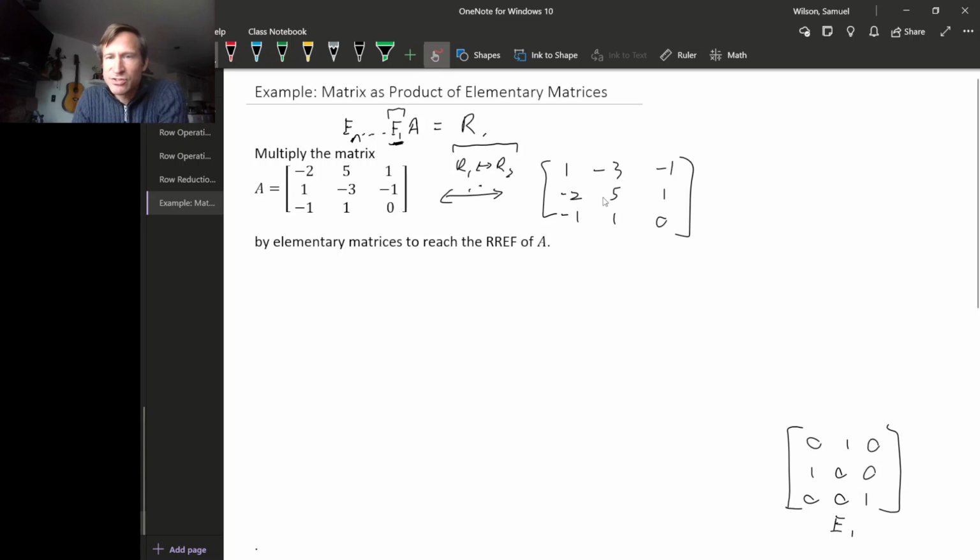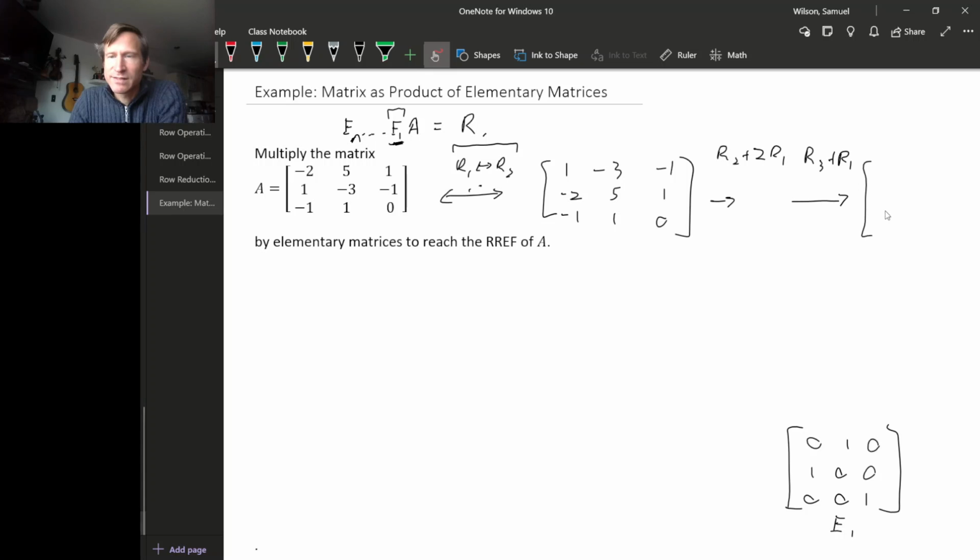Okay, now the next row operation, I guess we would add to row 2, we would add 2 times row 1. And then immediately after that, to row 3, we would add row 1.